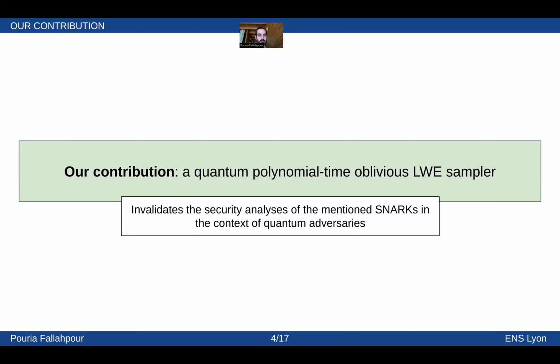In this talk, we break this assumption in a quantum setting, and as a consequence, our construction of oblivious sampler invalidates the security of the mentioned protocols in the presence of quantum adversaries.